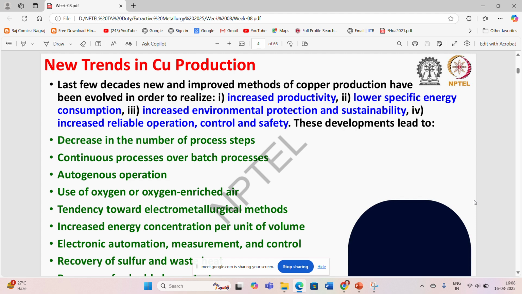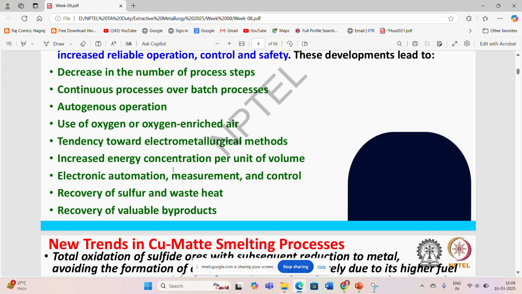So we can decrease the number of process steps, then continuous processes over batch processes, then autogenous operations, use of oxygen or oxygen enriched air, tendency towards electrometallurgical methods, increased energy concentration per unit of volume, electronic automation, measurement and control, then recovery of sulfur and waste heat.